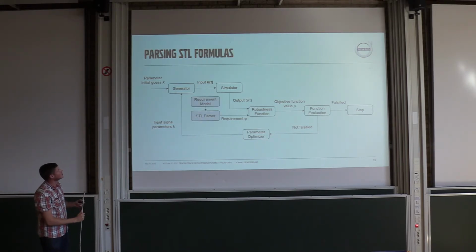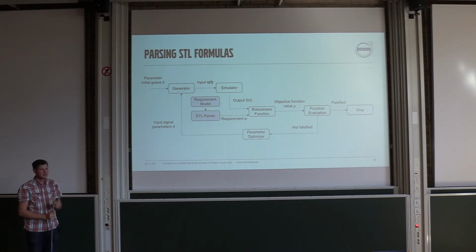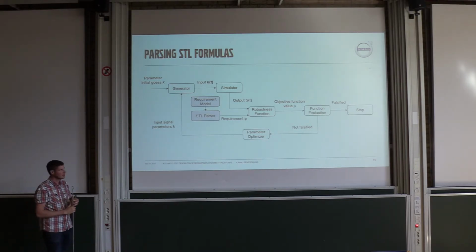But in my case, I should say, the robustness functions aren't stated in STL. It's not typical that engineers know how to form specifications in STL, since it's quite a new language. It hasn't been there for very long, so it's not standard in the industry or anything.